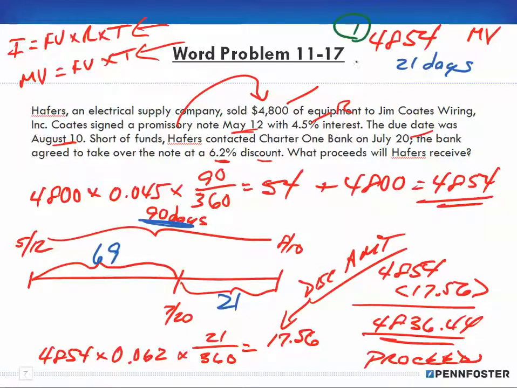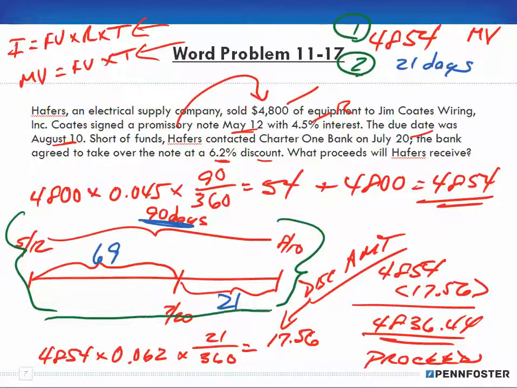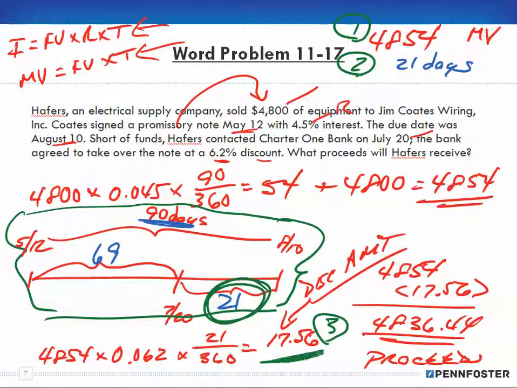Then step 2, we're figuring out the number of days that's being discounted, and you can diagram it out like this, okay, in order to be able to understand how many days it's being discounted. Then number 3, we're figuring out the discount amount, and then 4, we end up figuring out our proceeds, okay, and it's no more complicated than that.